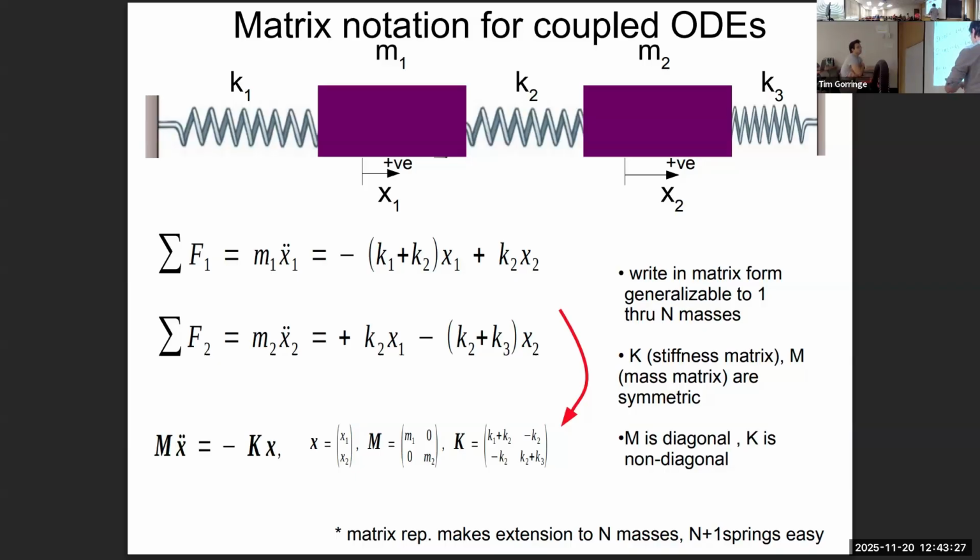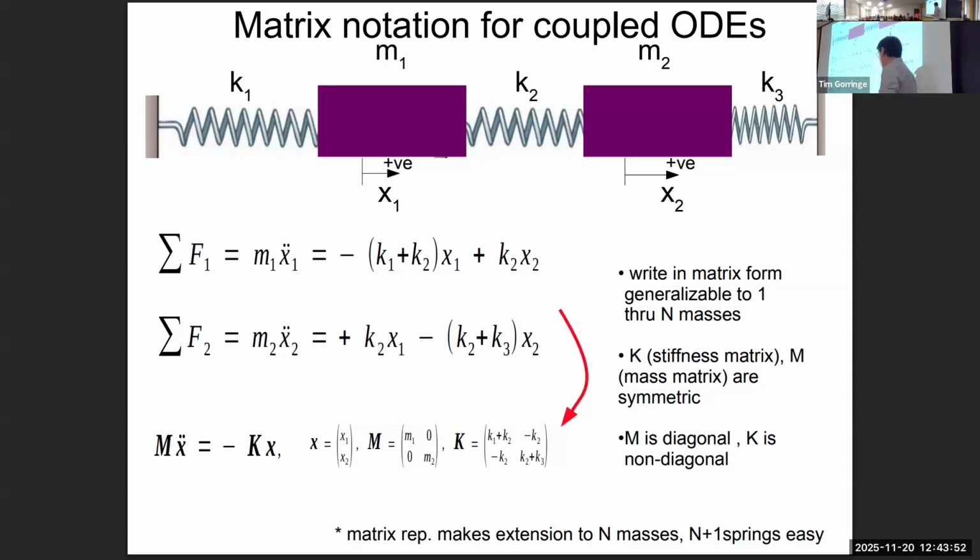You would see that if you carry out the product of x double dot and x with the first row of the matrices M and K, that gives you the first equation. If you carry out the product with the second row of the matrices, then that gives you the second equation.